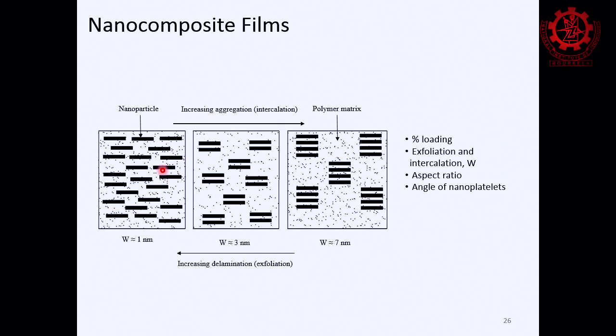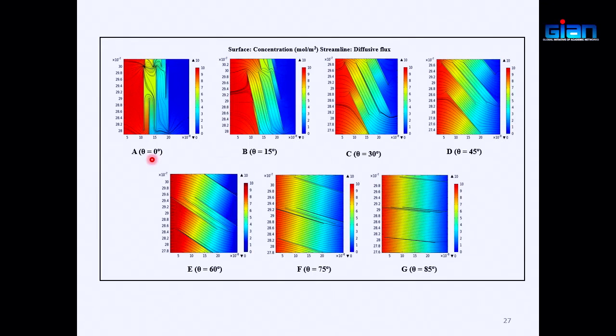So any degree of angle, then it is not good in terms of the barrier property. This is another slide showing the computer simulation. If you have a very high angle, like in this case horizontal, then you will have a lot of obstruction.